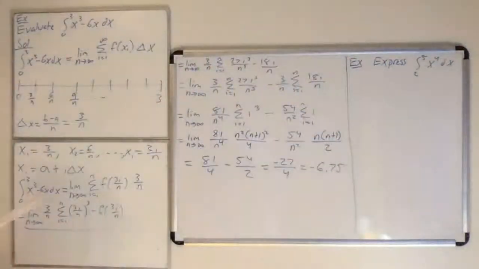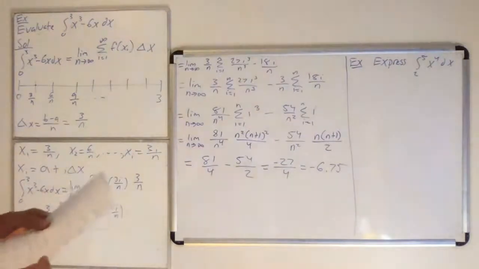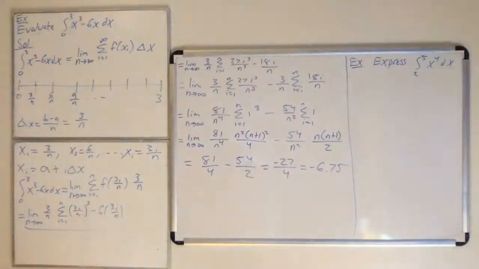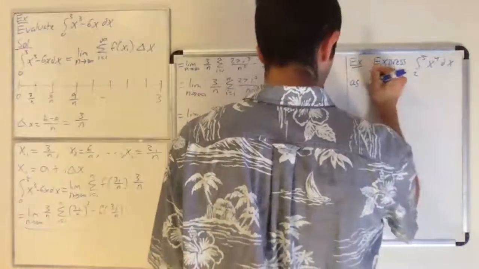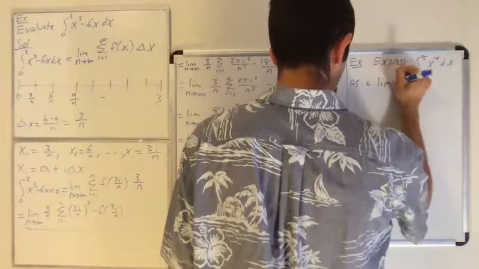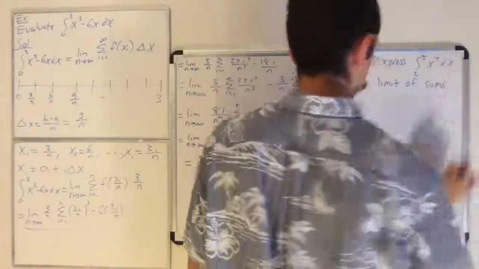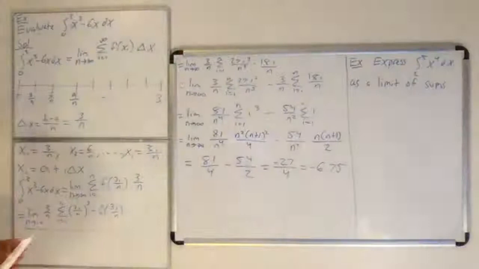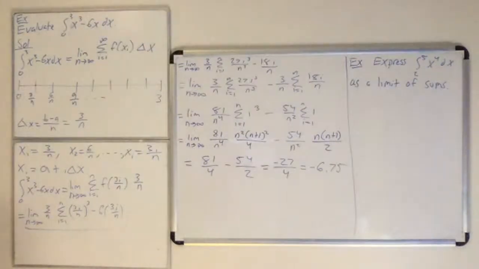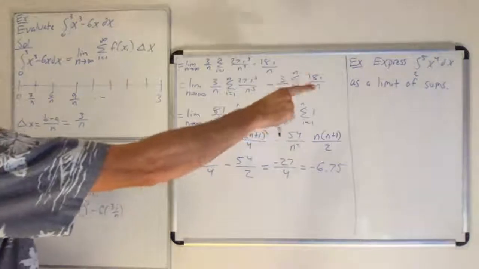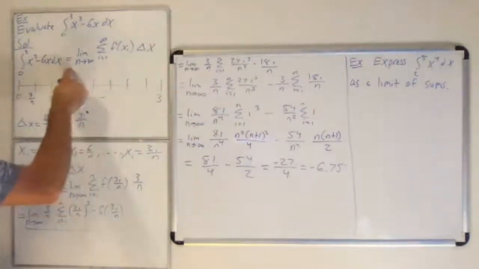So express the integral from 2 to 5 of x to the fourth dx as a limit of sums. Okay, so we want to express the integral from 2 to 5 of x to the fourth dx in this form.